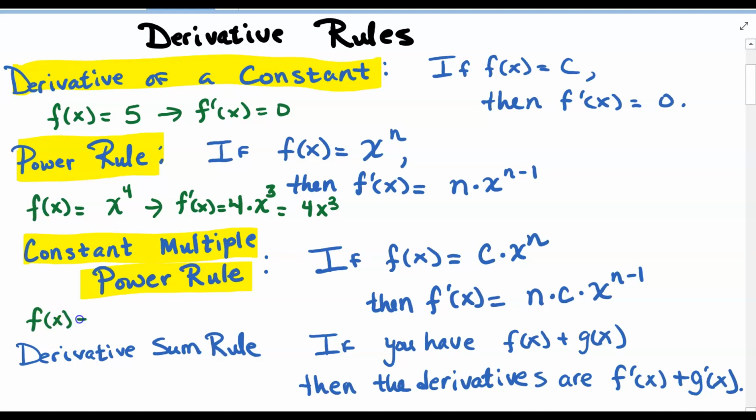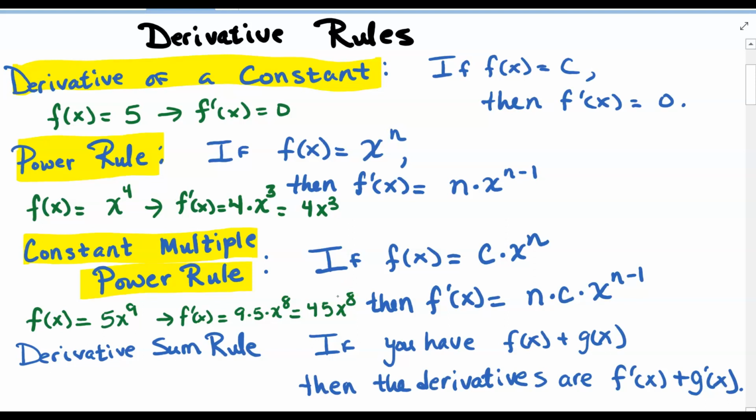If I say f of x equals 5x to the 9th power, then to find f prime of x, we bring down the 9 times 5 times x, and then we reduce the power from 9 by 1, so to the 8th power. That's 9 times 5, 45x to the 8th power. So that's an example there.